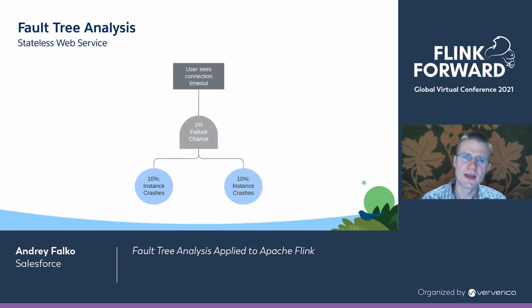Let's try to build a fault tree for a stateless web service as a warm-up exercise. In this example, our top event is that our end user sees a connection timeout. We have 2 stateless instances that have a random failure rate of 10%.